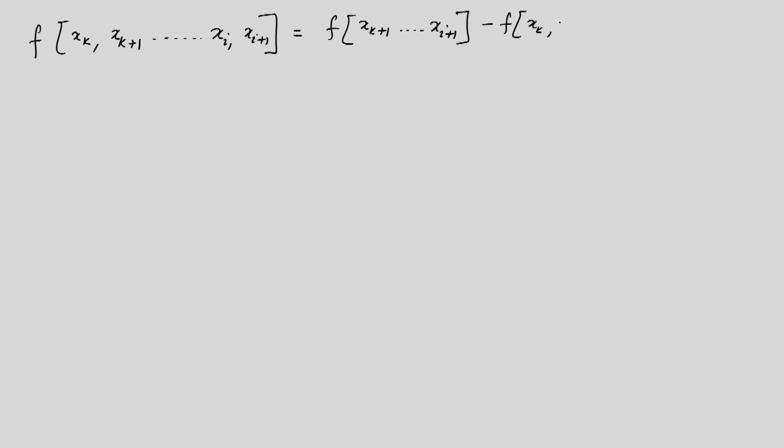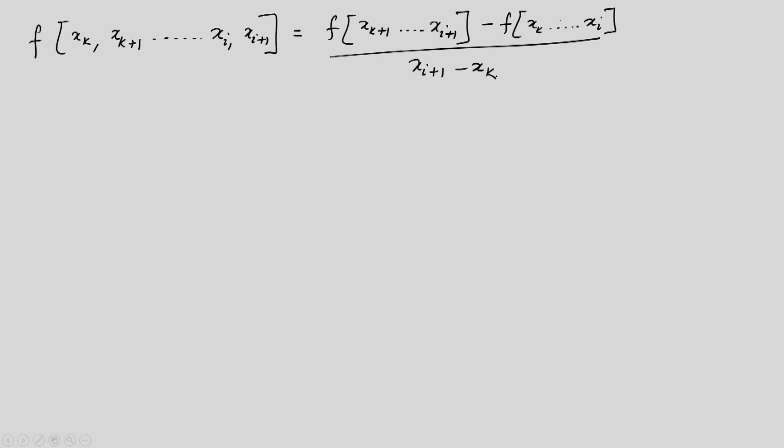So, that is f of x k plus 1 going up to x i plus 1, that is f of x k plus 1 going up to x i plus 1 minus f of x k and going up to x i, and I have the difference x i plus 1 minus x k.